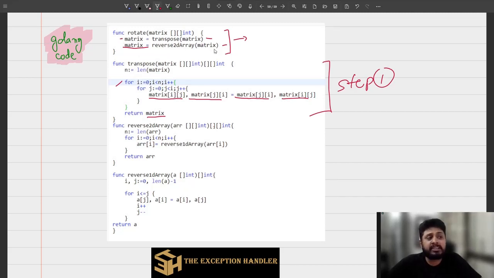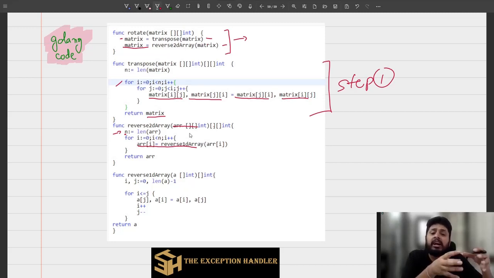Now the same matrix I have passed to another function, which is responsible for reversing each row of my 2D array. So this receives the array, and over here, if you see, for each row, where n is the number of rows, I would be calling the reverse 1D array. Reverse 1D array is simple logic where you have a 1D array and you just reverse all the elements.